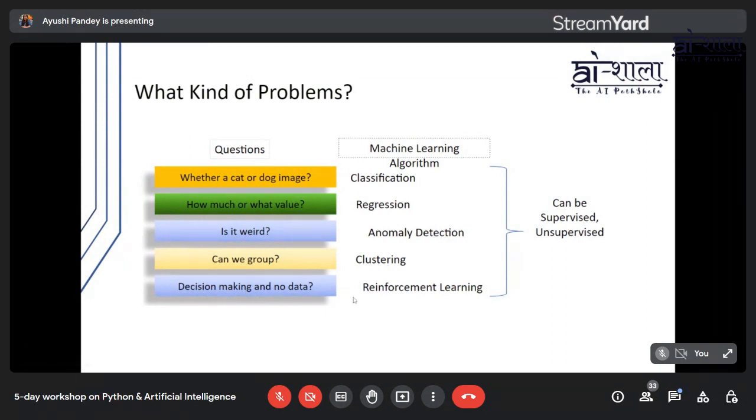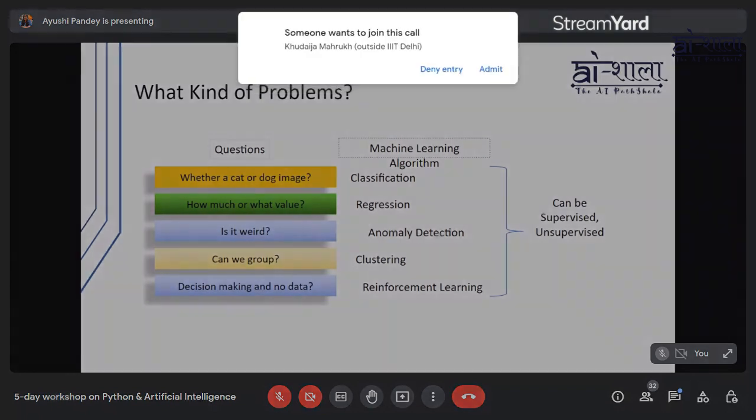And for making decisions with no data, it's reinforcement learning, in which the system uses the existing model, combines it with a new model, and learns again. It's like a child or a pet who learns your language and your behavior and acts accordingly.